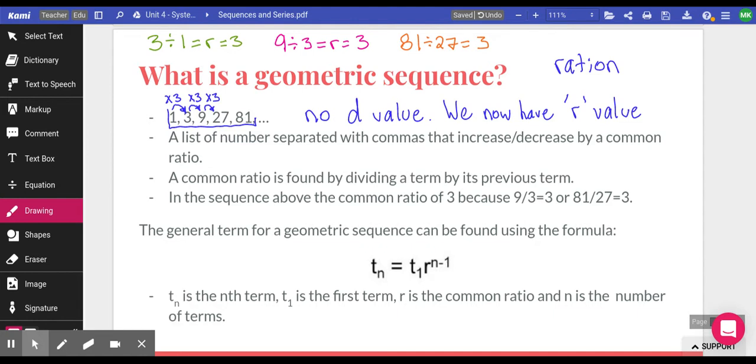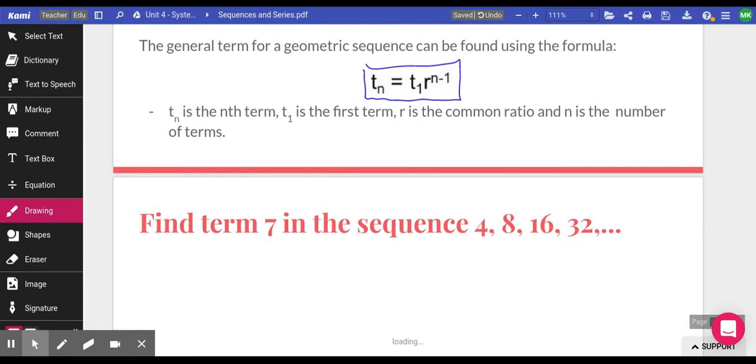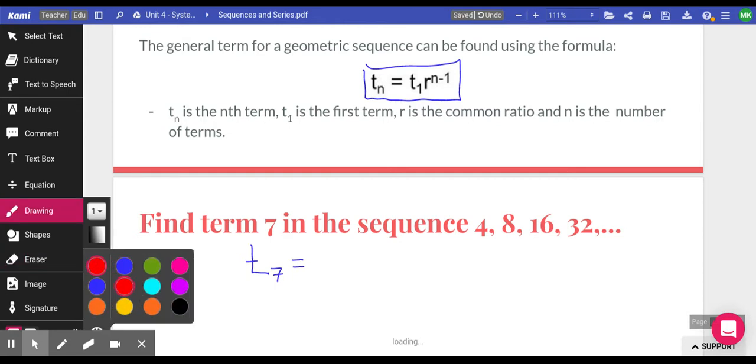Our first formula we're going to use is to help us figure out terms, the nth term. So we're going to use this formula right here. Let's try applying it. This question says, find the 7th term in the sequence. We're looking for T of 7. To do that, the first thing we need to know is what T of 1 is. T of 1 is 4.